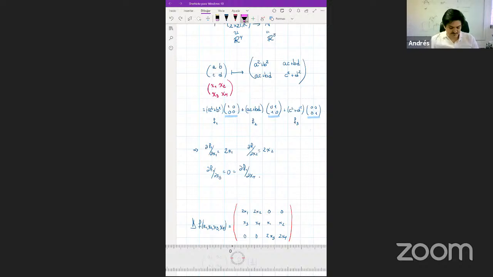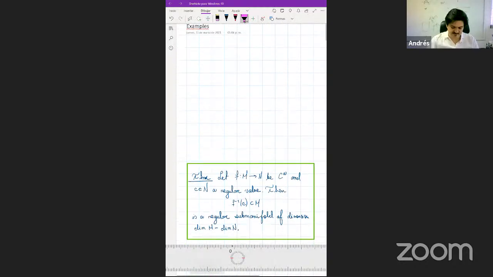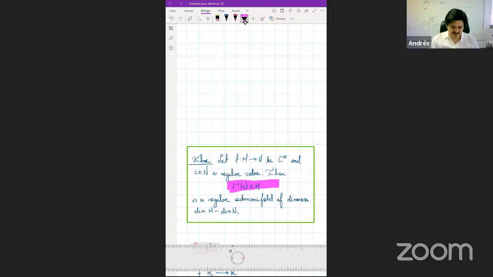Now, the whole idea is trying to see what the image or the rank of this matrix is at every point. In particular, at points that are mapped to the identity, because we want to use this result.